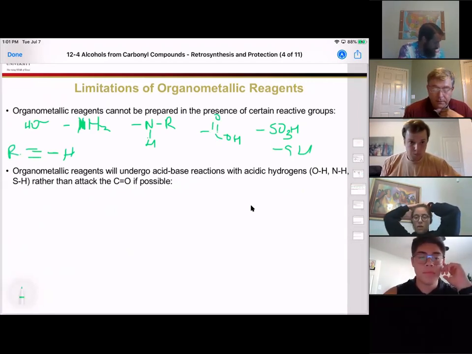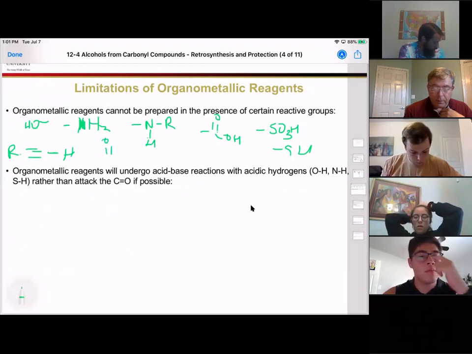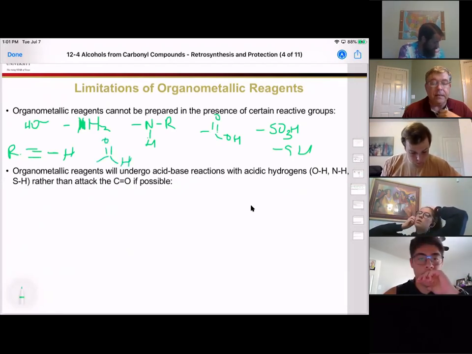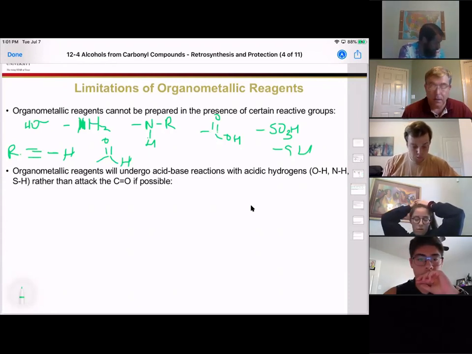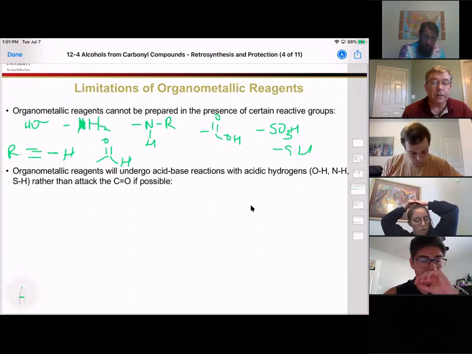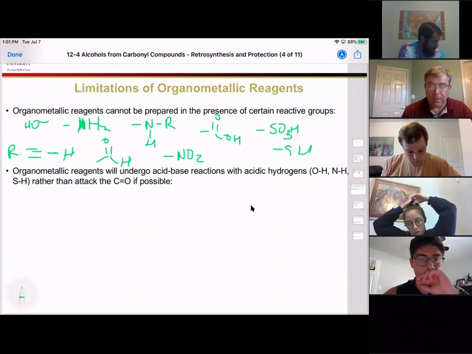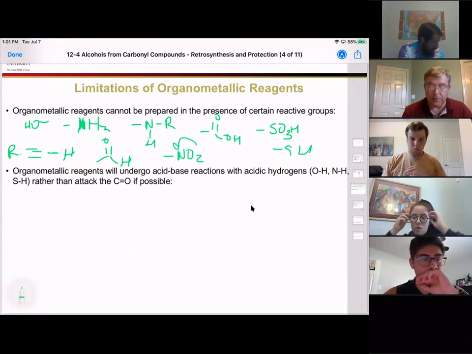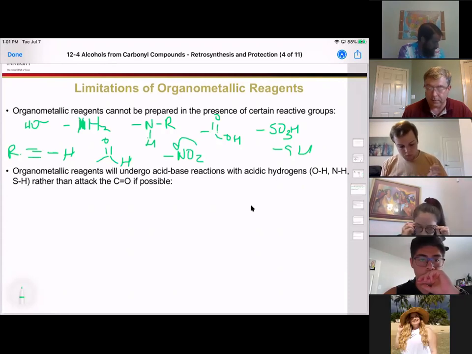And there also can't be any other group you don't want to react. You can't have any other ketones. You can't have any other aldehydes. You can't have any other esters or amides. And also, it turns out that you can't have nitro groups, because the nucleophile will actually attack the nitrogen of the nitro group.